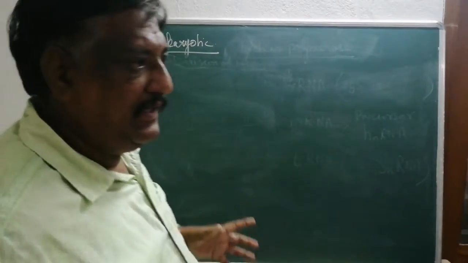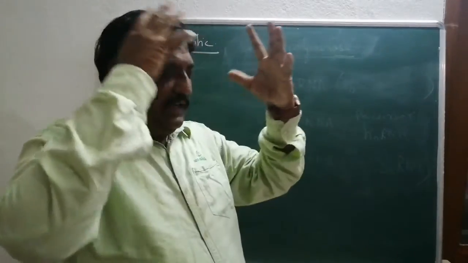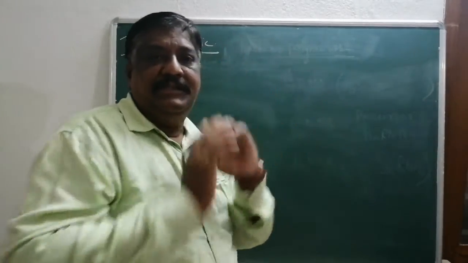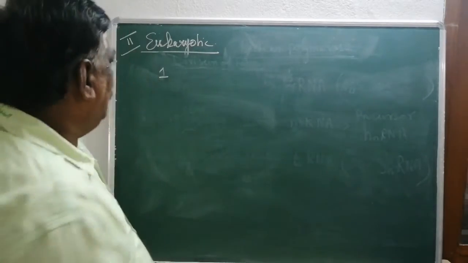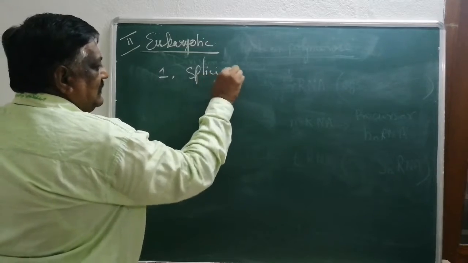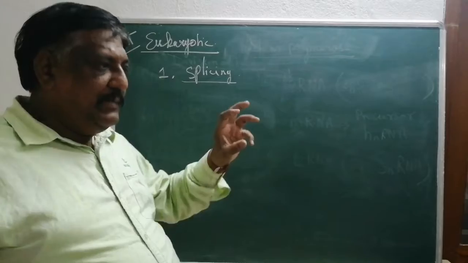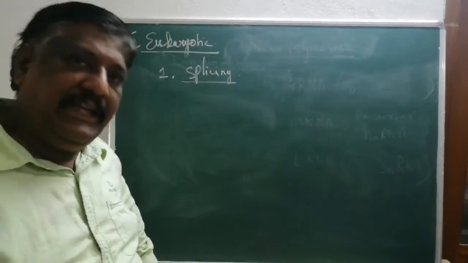Suppose the king, you just imagine the king made some haircut and made his hair something different. We call it splicing. It is nothing but trimming. Some trimming work takes place in the DNA.